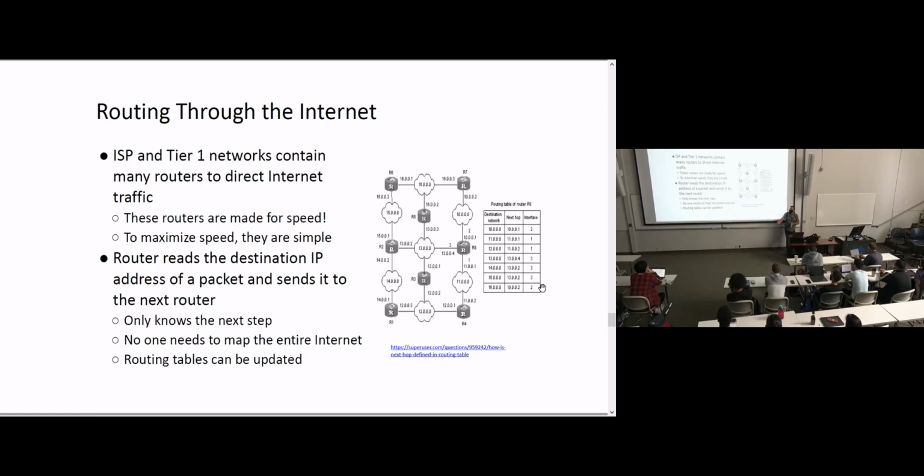If it has a prefix of this, it's going to go to this router. If it's this exact IP address, it's going to go to that router. It's going to look that up in its routing table, send that packet off to the next router in that path, then completely forget about it and move on to the next packet in its queue, and then route that next packet. That's all a router does.